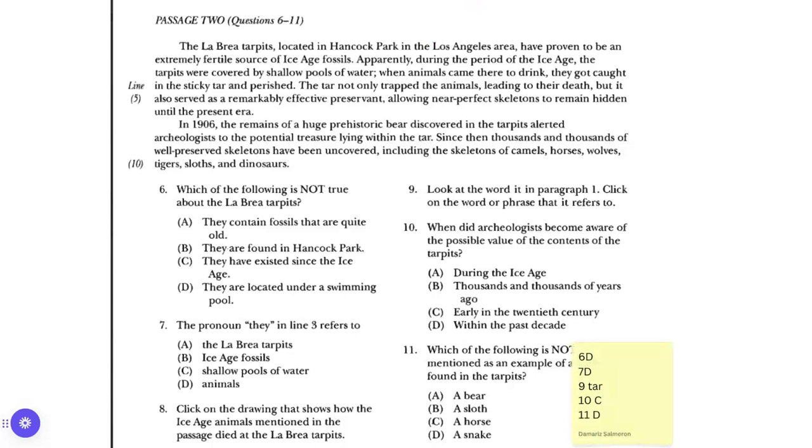And here are the answers. Number 6 is D. Number 7, D. I am sorry.